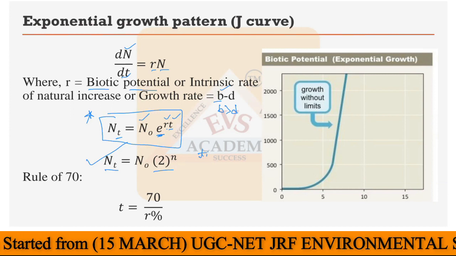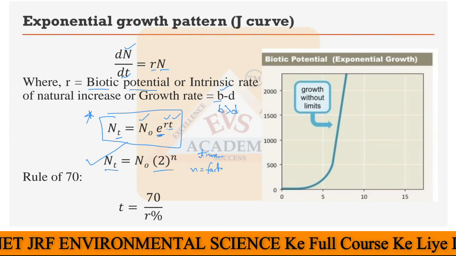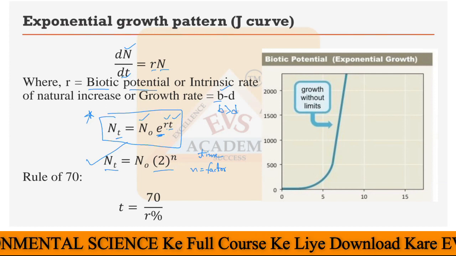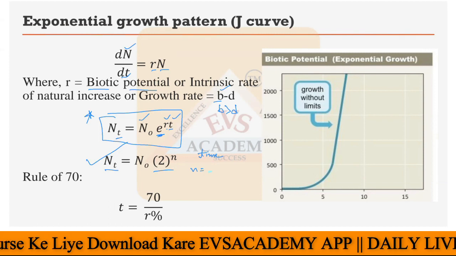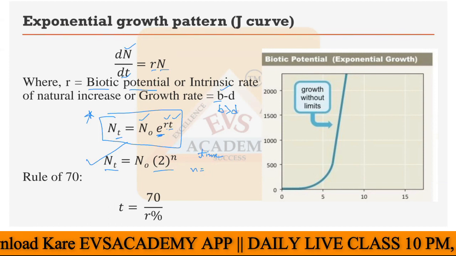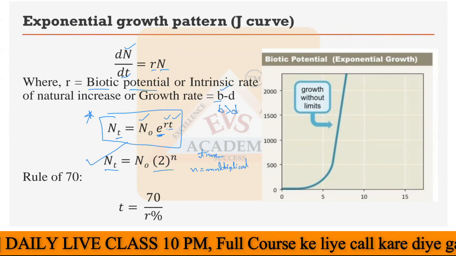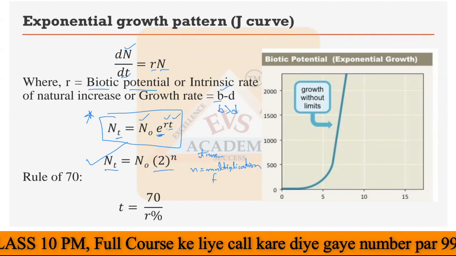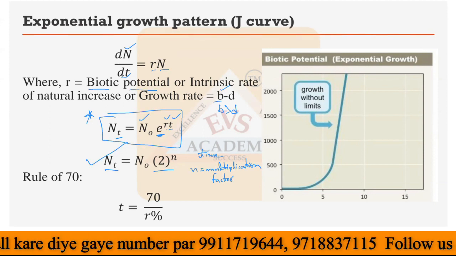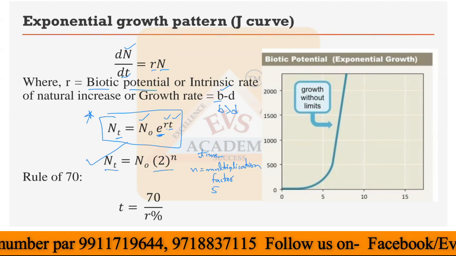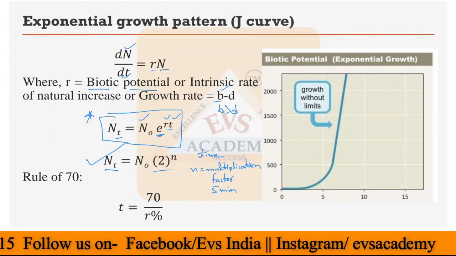So how do we calculate the n here? n is a kind of factor, or you can say a multiplication factor. So how to calculate this multiplication factor? That is very simple. Suppose the amoebas or microorganisms are doubling in each 5 minutes, and what would be the new population in the next 1 hour?